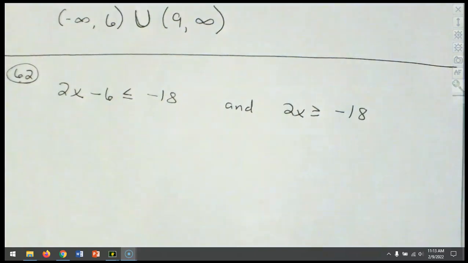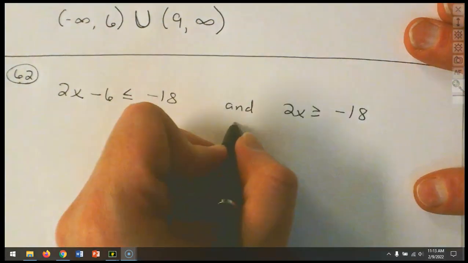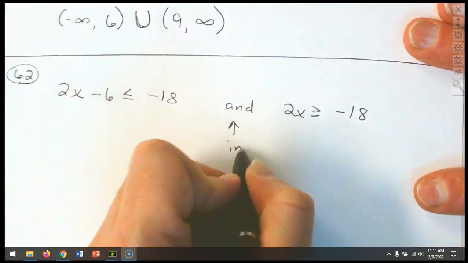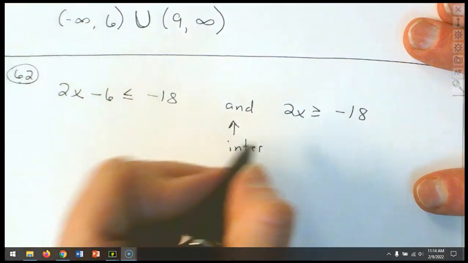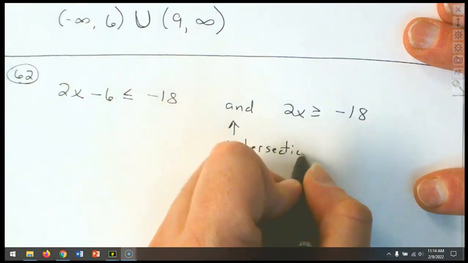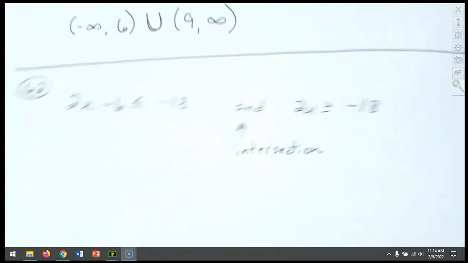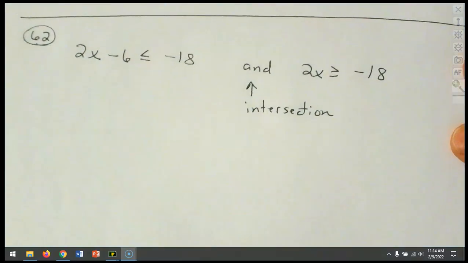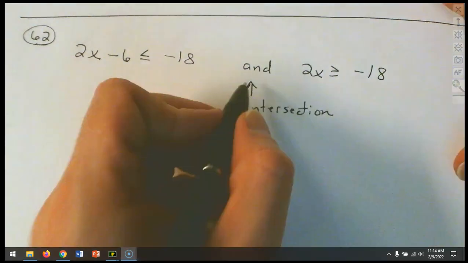Some of your homework questions say to solve it and tell me if it's an intersection or a union. So an and tells you it is an intersection. Just remember that fact if it asks. Some of them do, some of them don't. Let's go ahead and solve it.